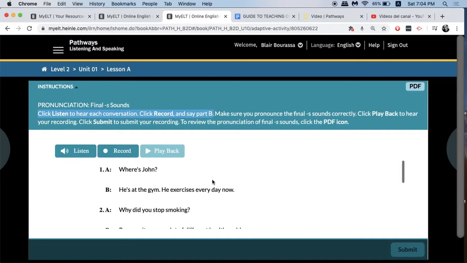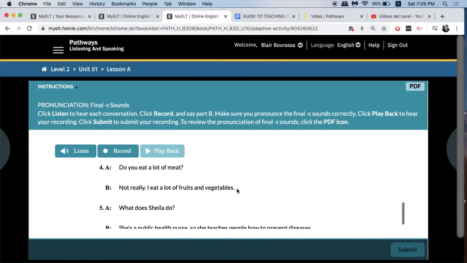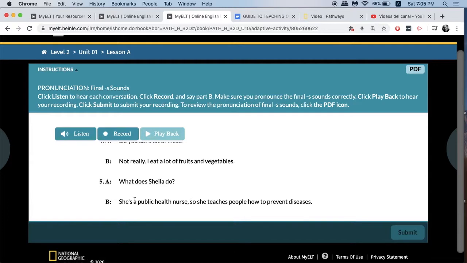And when it records, the computer says this, and then it pauses while you say this. And all the way down for the 5 little mini conversations there. And when you finish, you submit, and the audio recording goes to the teacher.